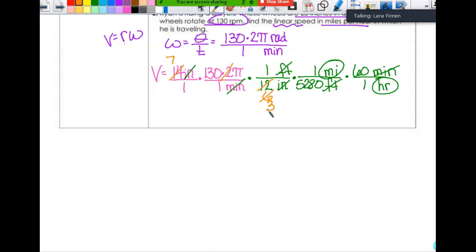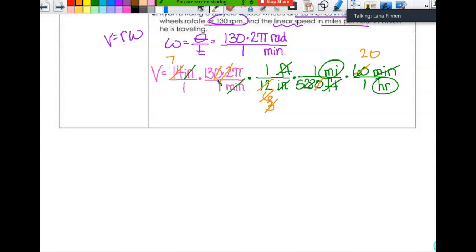Now 130 is not divisible by 3, but 60 is, so I can make this into 20 and get rid of that 3 right there. So now in the denominator, all I have left is 5,280. And so I can divide by 10. I can knock this 0 out with this one or the other one. It doesn't matter. Then I have 7 and 13.